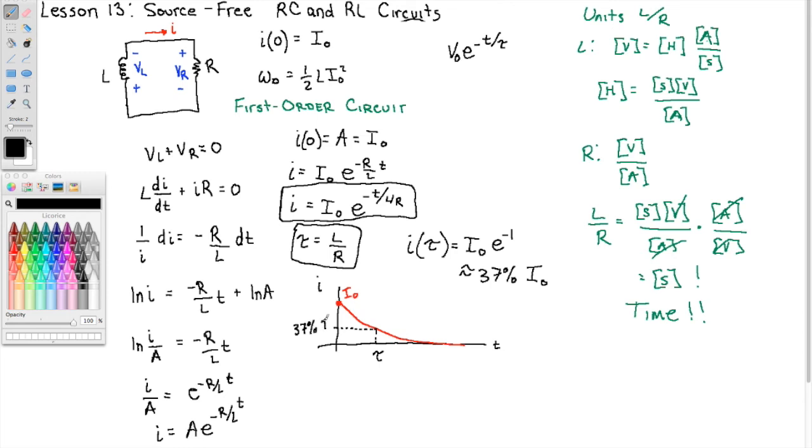And after 5 time constants, we say that I is approximately 0, and the circuit is at its DC steady state.